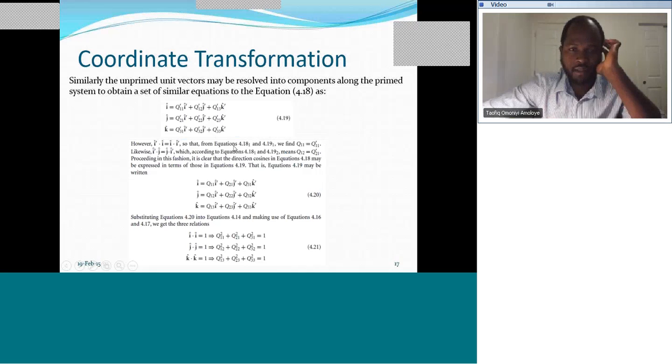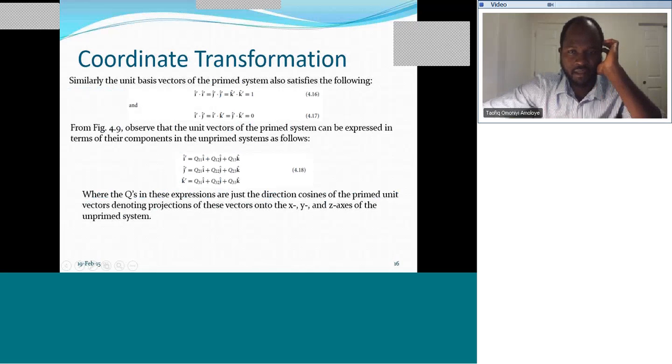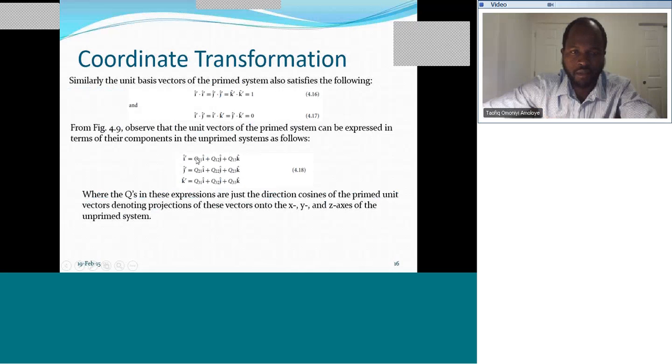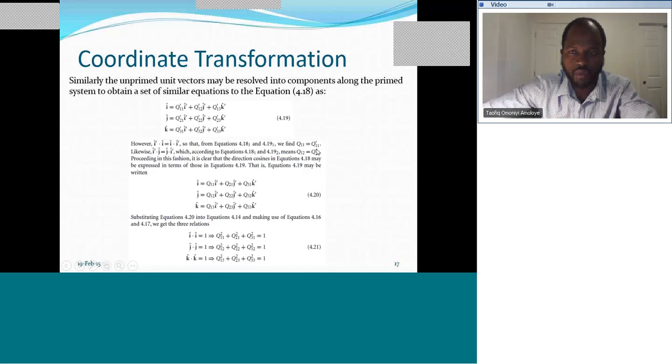So from equations 4.18 and 4.19, we find that Q11 is equal to Q11 prime. And likewise, if we do I prime dot J, we will find that it's equal to J dot I prime. Similarly, we'll see that Q12 equals Q21 prime. I urge you to try it on your own.